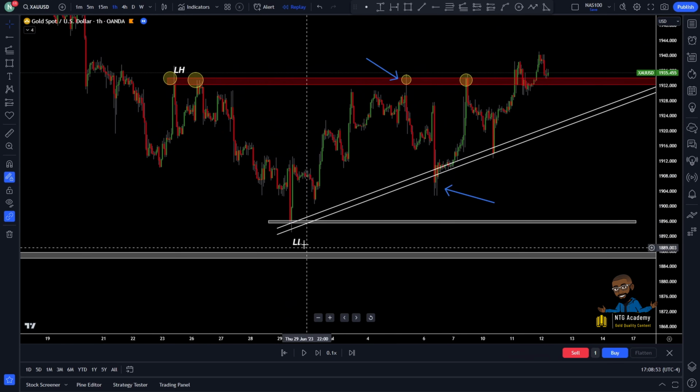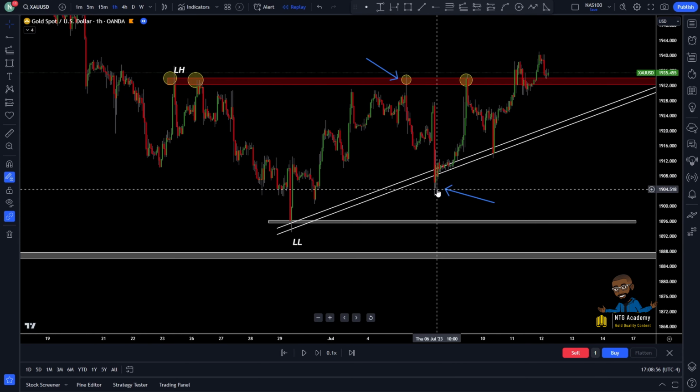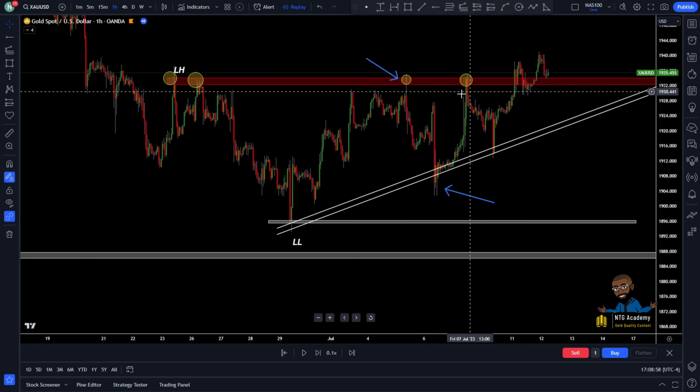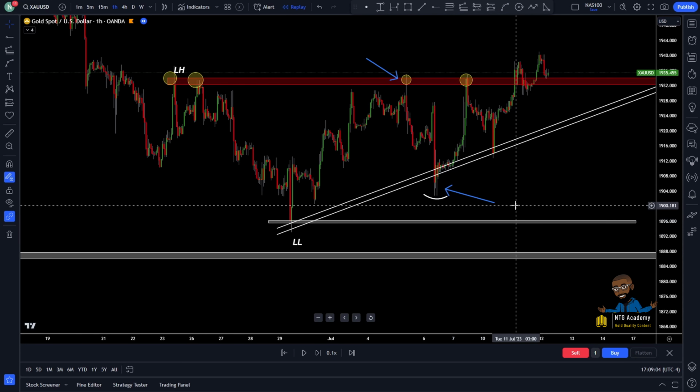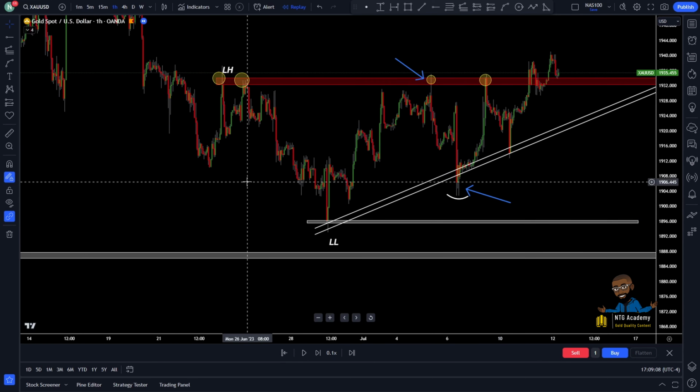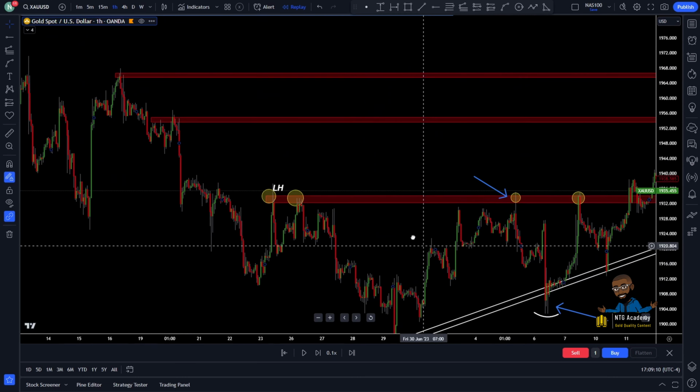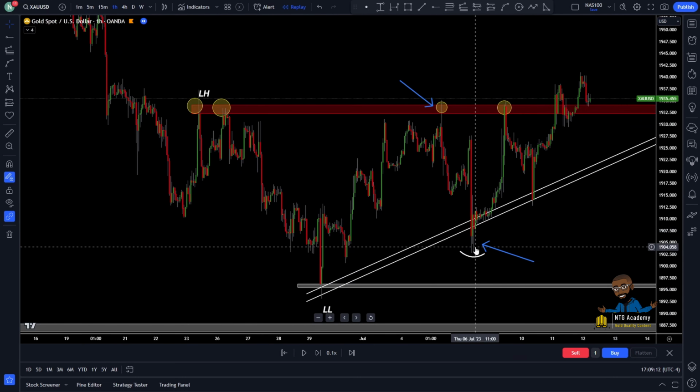But we didn't get that. We came back to the price of 1904 and then reversed. So when you see price like this, this is the first indication that we may be getting into a reversal. This is why I wanted to do buys in such a bearish market, because I'm seeing the first signs of reversal.